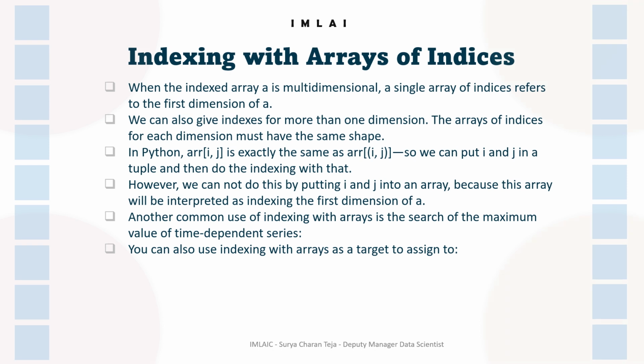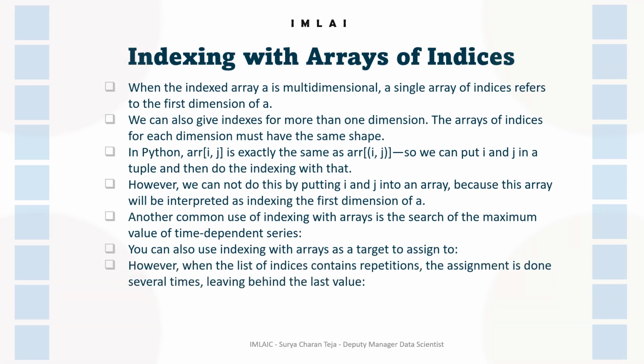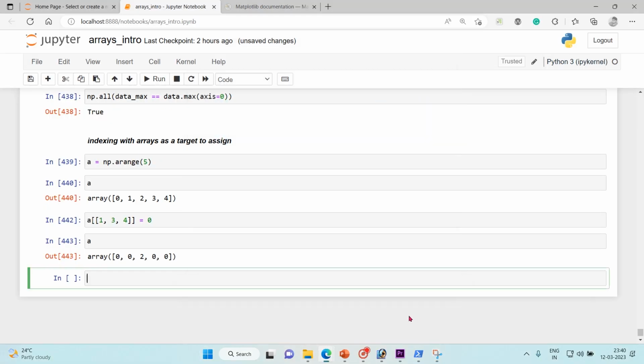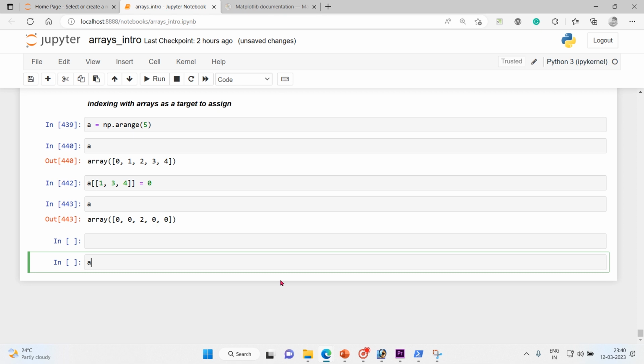The next way: when the list of indices contains repetitions, the assignment is done several times, leaving behind the last value. So let's take the same example.